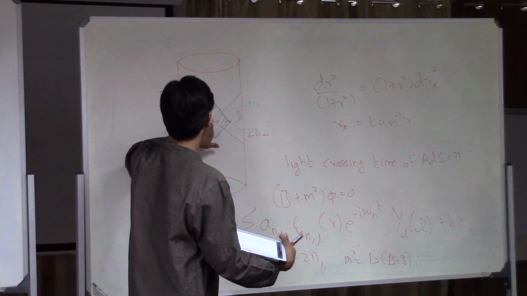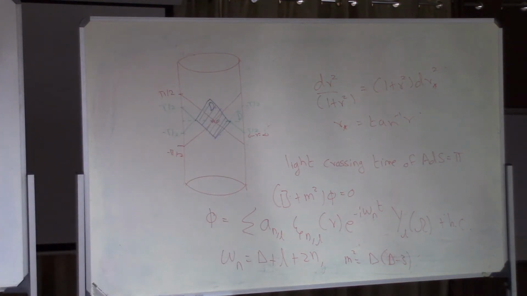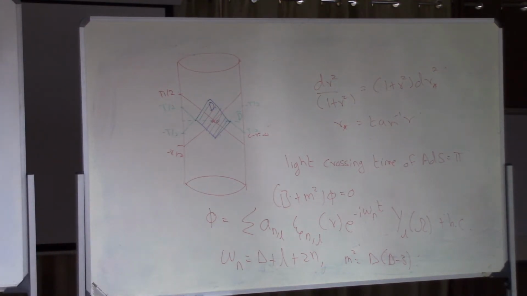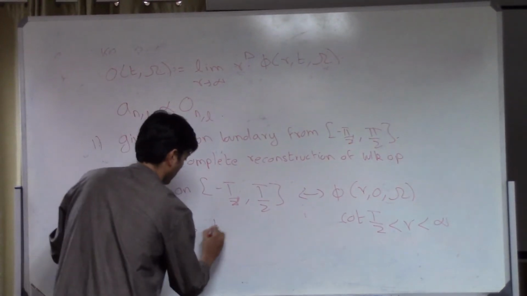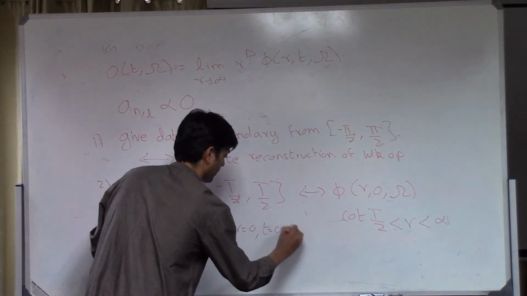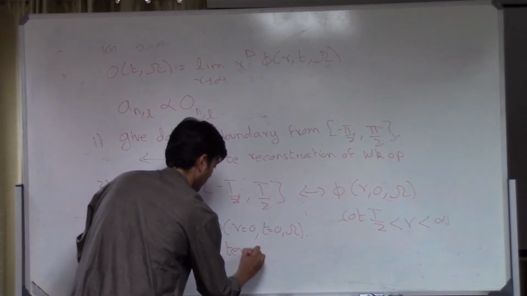Okay. Now what I want to show here, and the object of the rest of the talk, is to show you how the field phi of r can in fact be written in terms of operators that live only inside this band. So the object of the talk is to write phi of r equal to 0, t equal to 0, omega in terms of operators on the band.